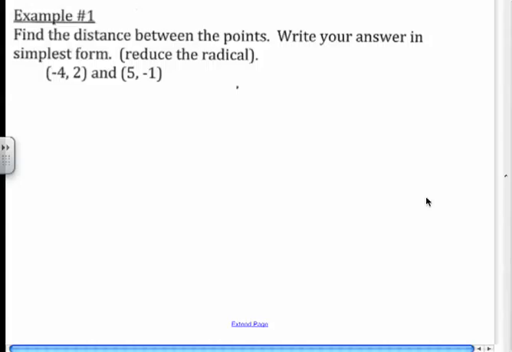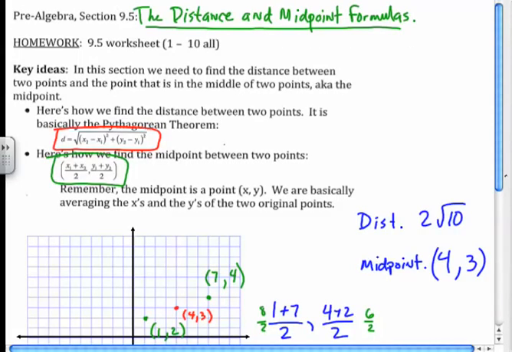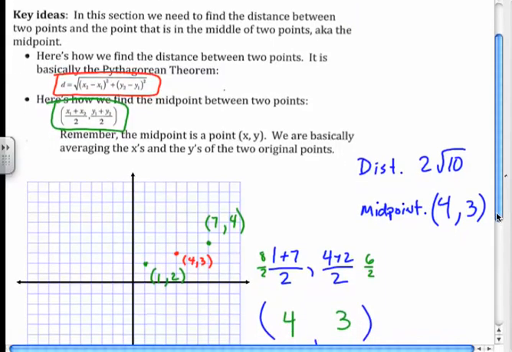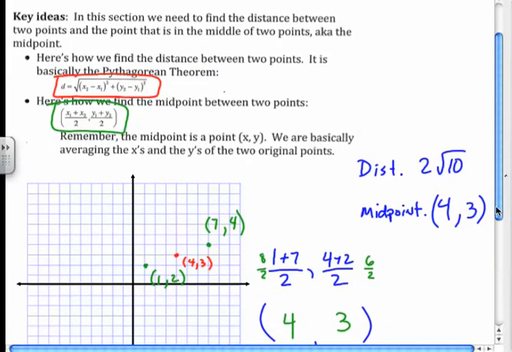Now, guys, you're going to remember, I'm going to go back just to the stuff that I wrote here for the intro. You remember when I found the distance earlier, I didn't use this formula. I didn't use the distance formula because I actually put it on the graph and I found the distance using the Pythagorean theorem, the base and the height of the triangle.